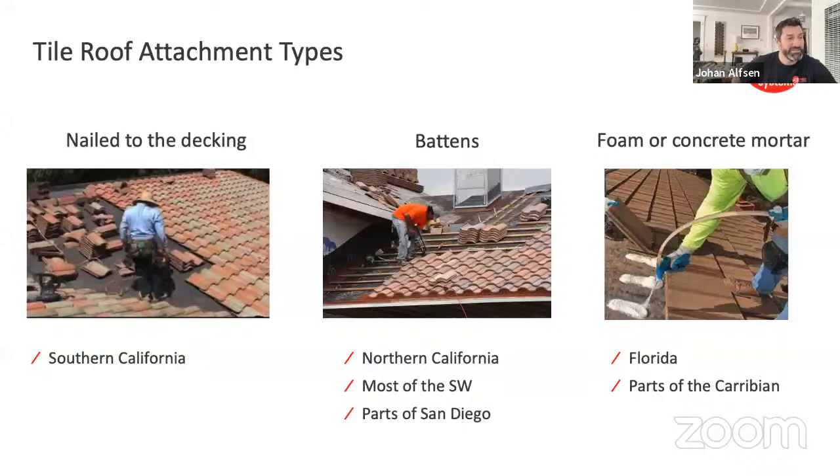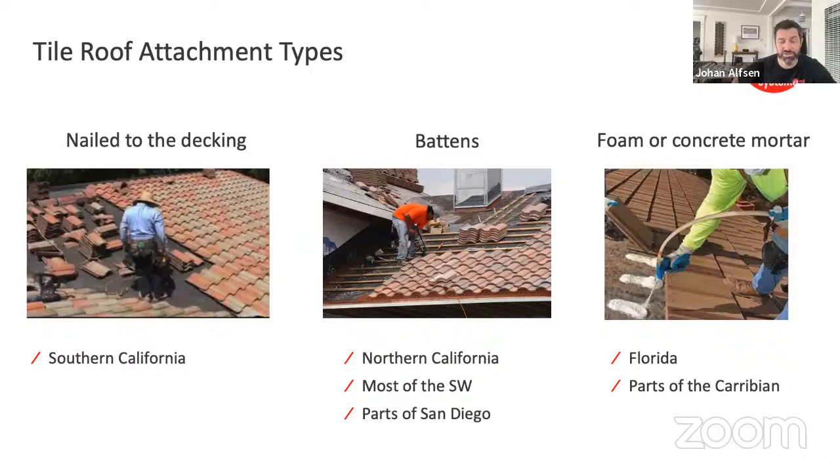And then you could see there on the middle picture is more Northern California style, where they have battens. In that case, you could see that they have what's called raised battens. And they have these little discs where they nail through, and they're almost like little mini standoffs that raise the battens so that you have drainage and airflow going underneath the battens and not trapping in debris and moisture and things like that.